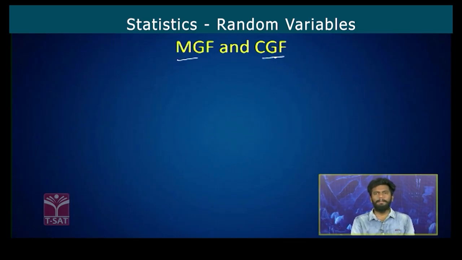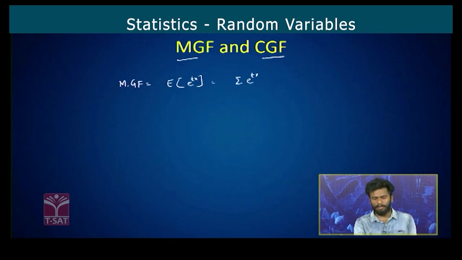The moment generating function is given by expectation of e power tx, which will be equal to summation e power txi into pi, where i takes values from 1 to n.